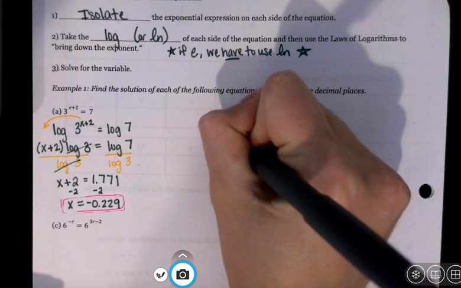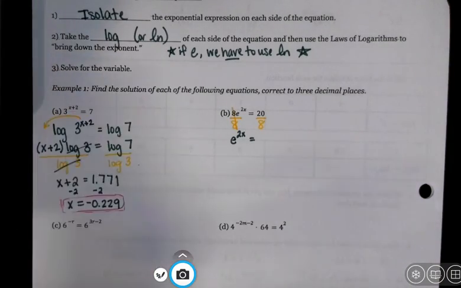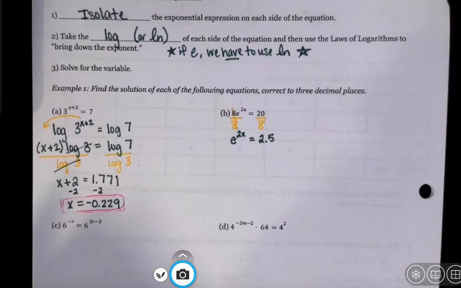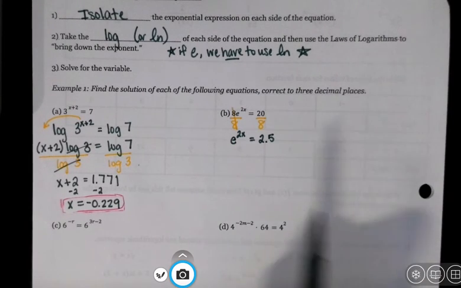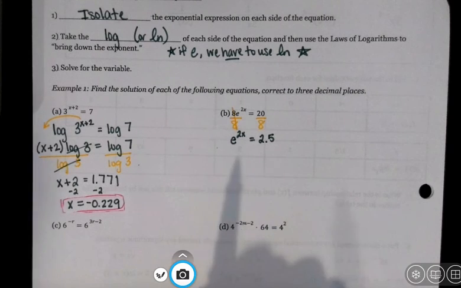So I'm left with e to the 2x equals, and then 20 divided by 8 ends up being a decimal, but since it's not repeated, I'm going to write it as a decimal, so 2.5. Now I did step 1. If I want to solve an exponential, I have to take log or natural log of both sides.